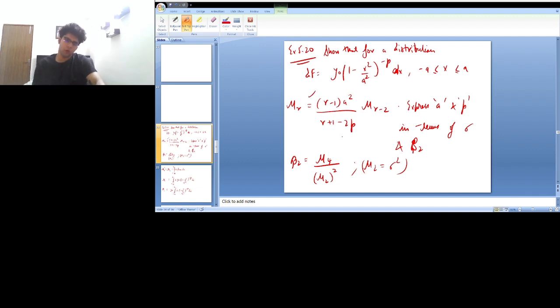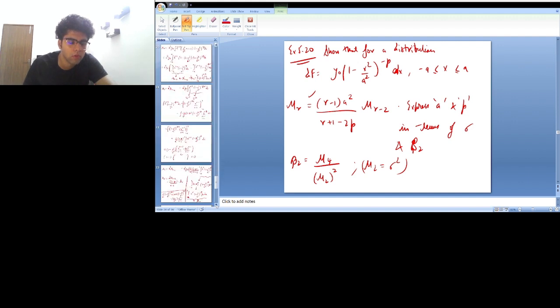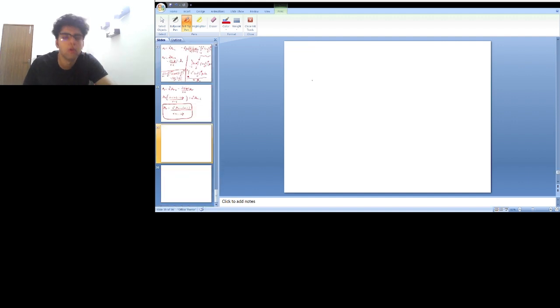Now we need to express a and p in terms of the standard deviation and beta 2. Now I know that my mu 2 or my variance, the square of the standard deviation, is equal to, first let me write the rth moment.